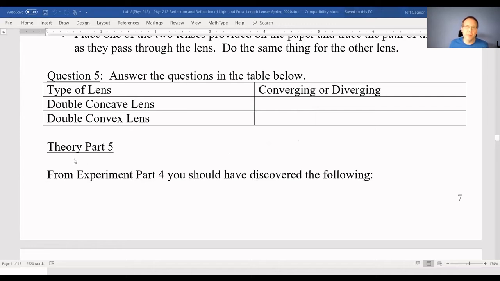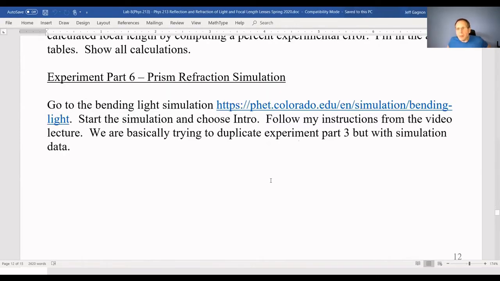Okay, then I thought it might be fun, because you guys at least didn't get to do many measurements, to actually do a few of these things with some really well-written simulations. So for the last 2 parts of the lab, I would do a couple of simulations. Part 6 is going to be the prism refraction simulation.